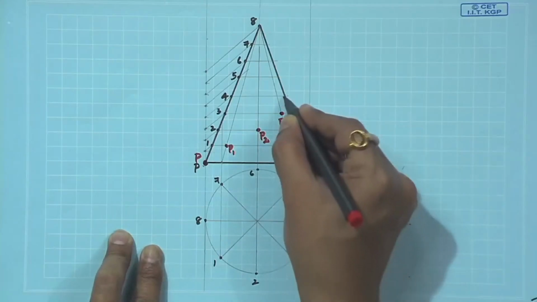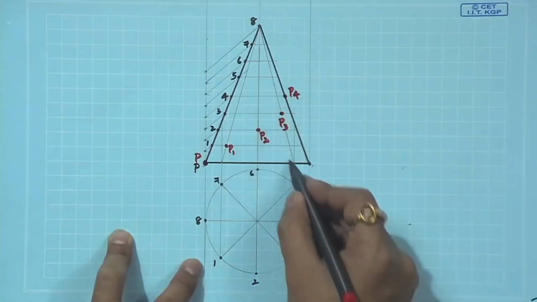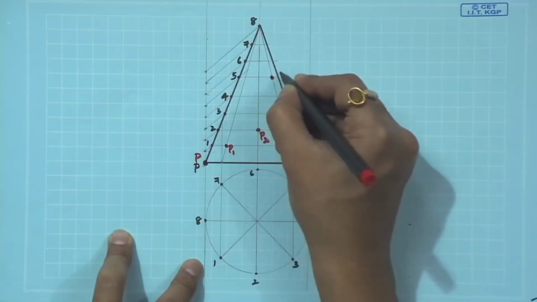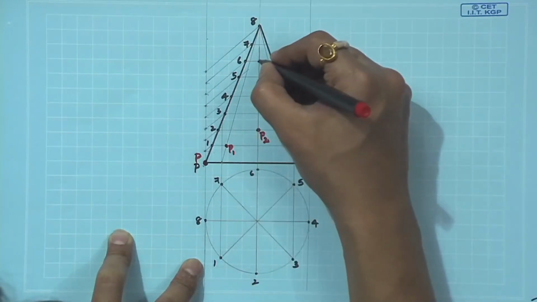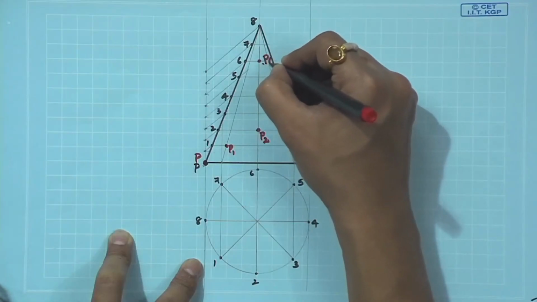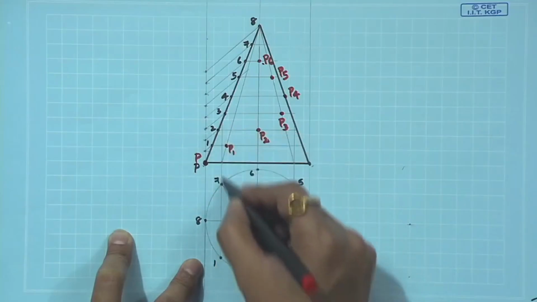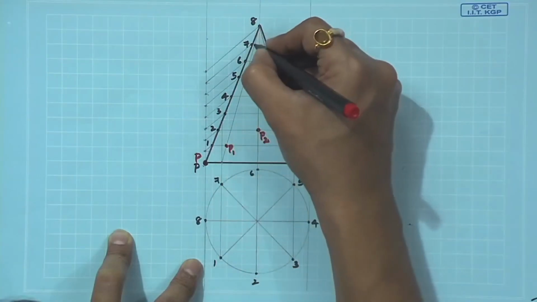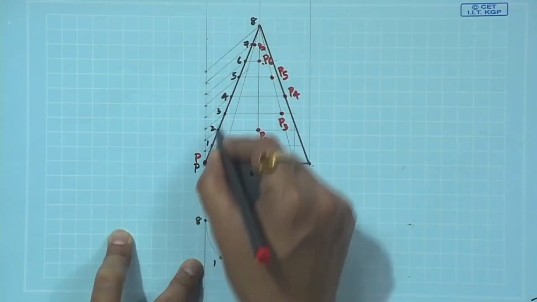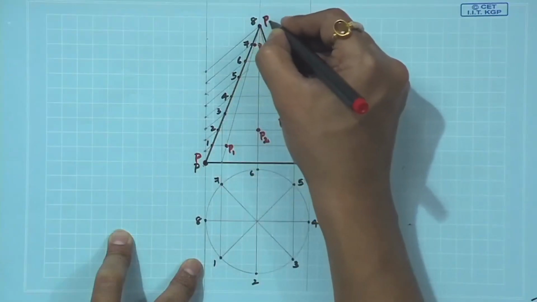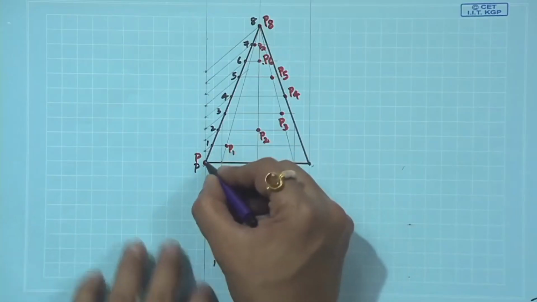Fourth line intersects at P4. Fifth line again intersects here. Sixth one passes via this point P6, and the seventh line passes via this generatrix here, and the eighth one passes via this generatrix P8. Now, join these points by a freehand curve.